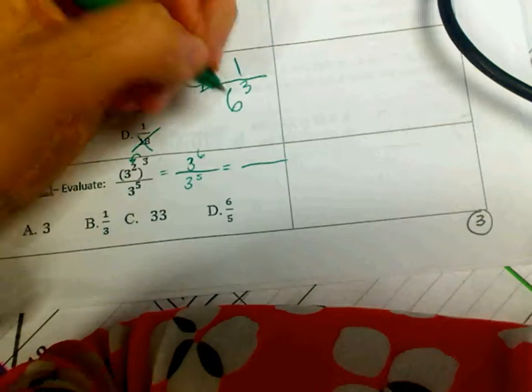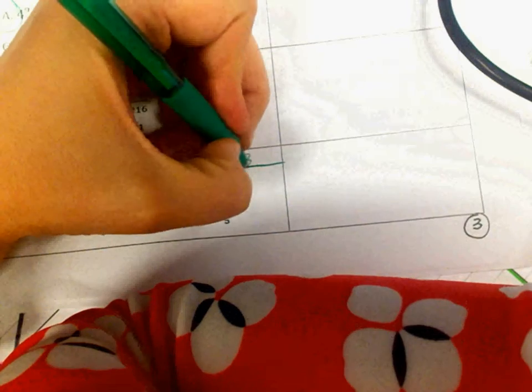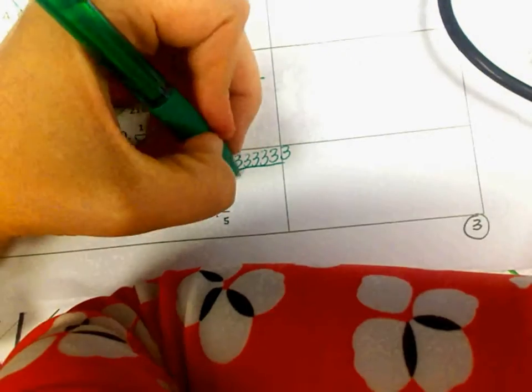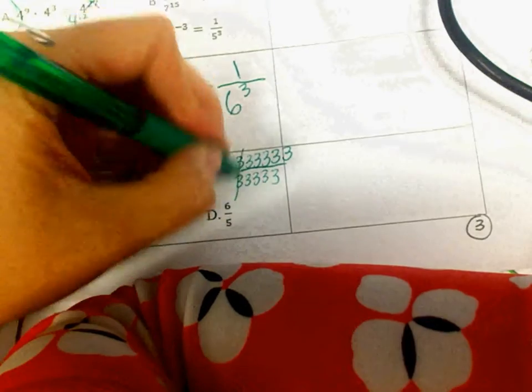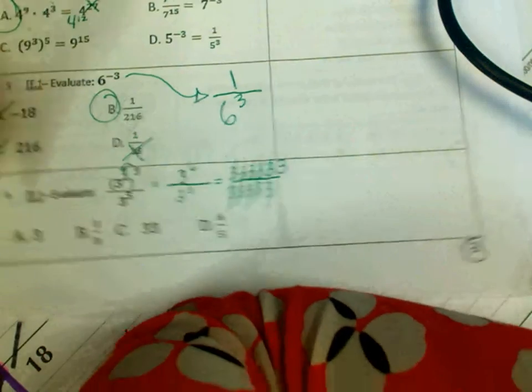And go ahead and expand this. So 3 to the sixth power is 6 3s. 3 to the fifth power is 5 3s. And then cancel, cancel, cancel, cancel, cancel. And you're just left with 1 3, or 3 to the first power, which is A.